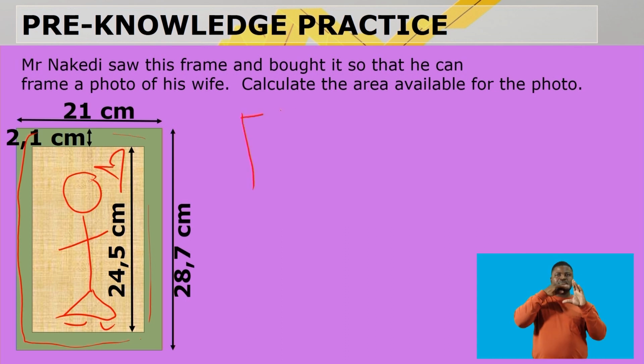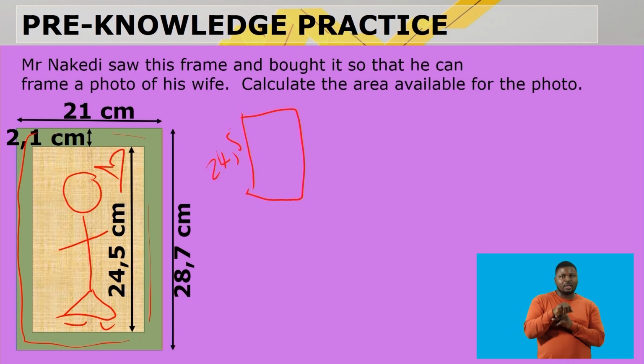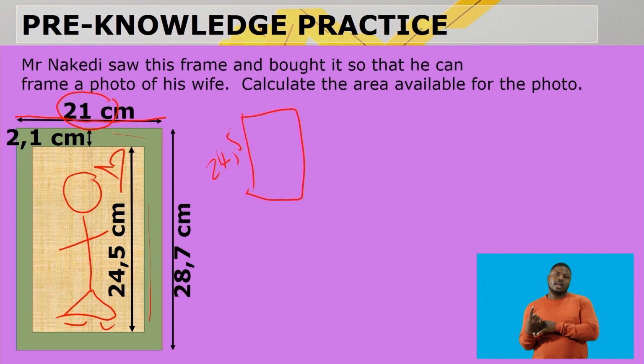It is a rectangle, and we know that side is 24.5. So we need the width. Now, the width here is given. The whole width of the frame is 21, and then the frame is 2.1 centimeters thick.